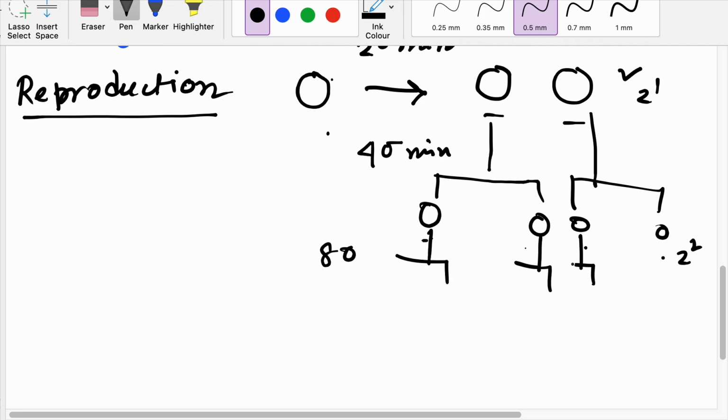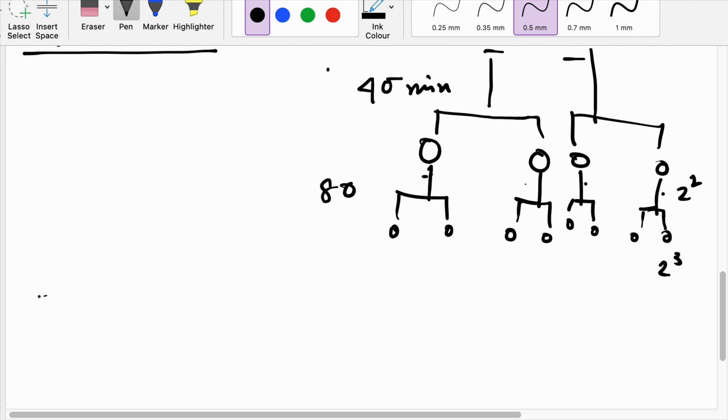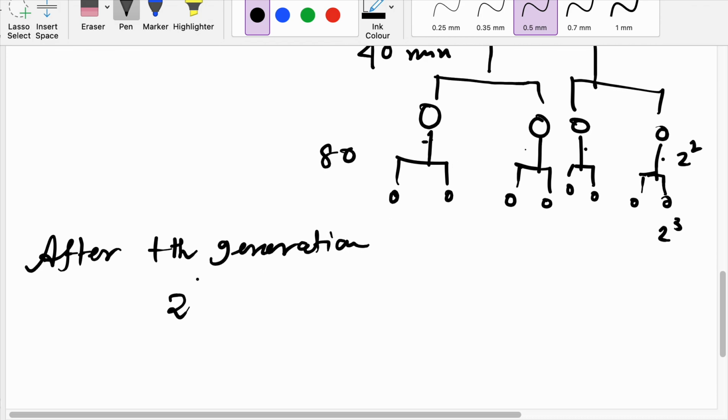So you will find 2 to the power 3 after the third generation, and so on. Now after the t-th generation, you will find 2 to the power t cells.